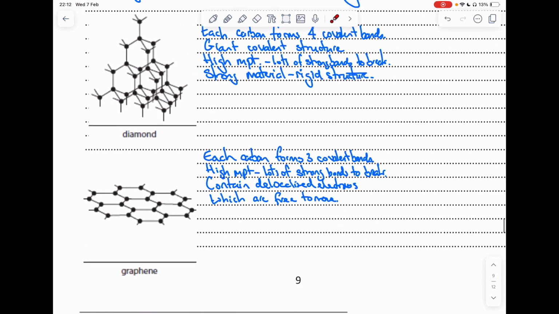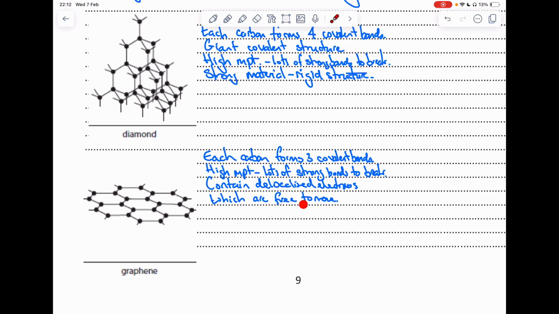Next one in the list was graphene. Graphene here, each carbon atom contains 3 covalent bonds. That means there are delocalized electrons.